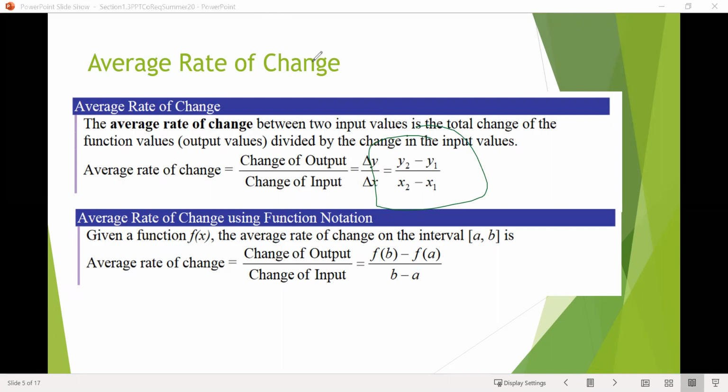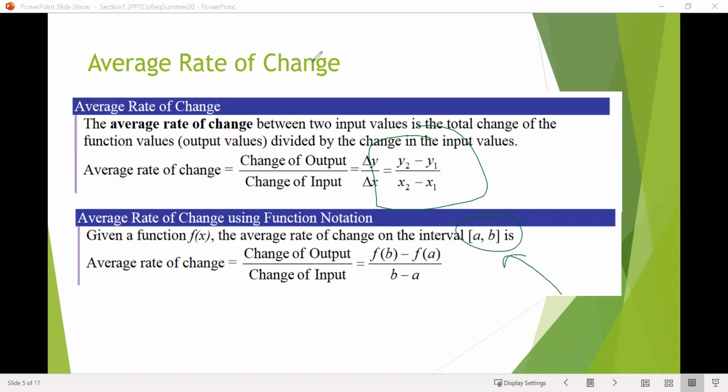Now, I also wanted to get into the habit of using function notation in doing this. Notice in the second part of this slide, it says given a function f of x, the average rate of change on an interval a to b.